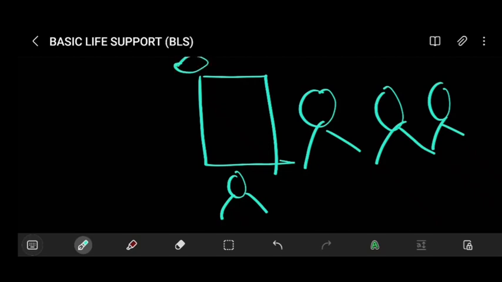Here, at the head end, will be a person who gives the breathing support, and here will be the staff nurse who will place the IV cannula or take an ABG. Now the basic thing is over. If the patient is in the ICU, you do the further management with an ECG or other investigations.